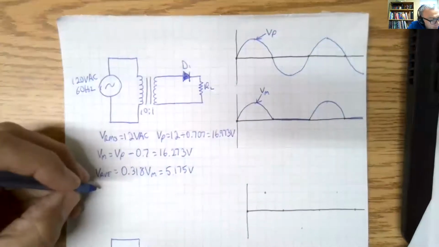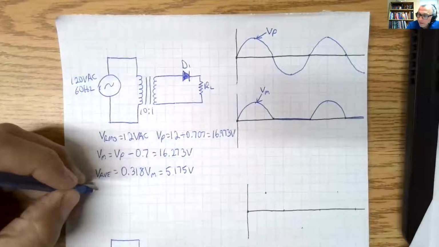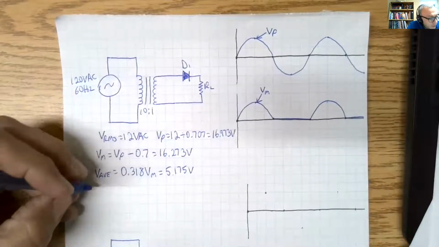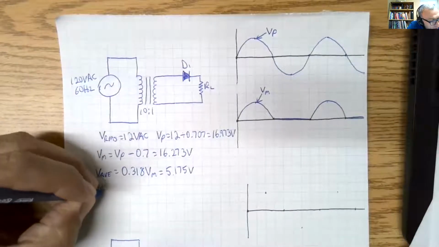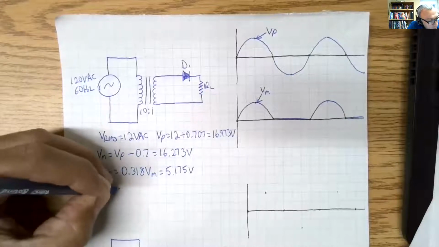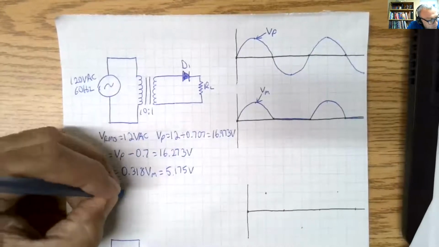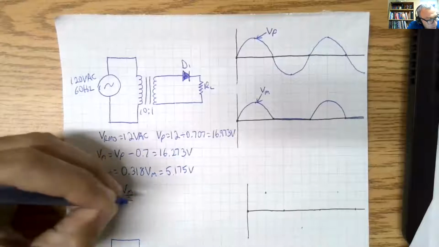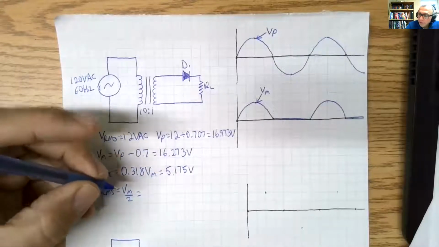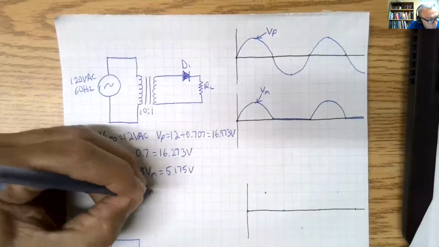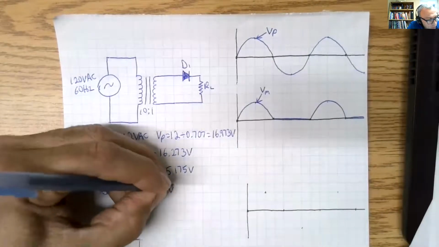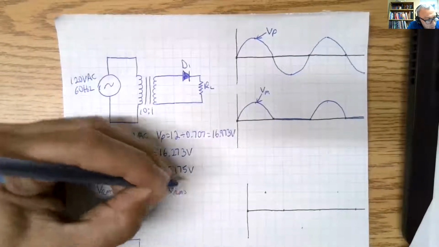The way we calculate that for a half-wave rectified signal is V RMS is equal to Vmax divided by 2. So in this case, it's 8.137 V RMS.